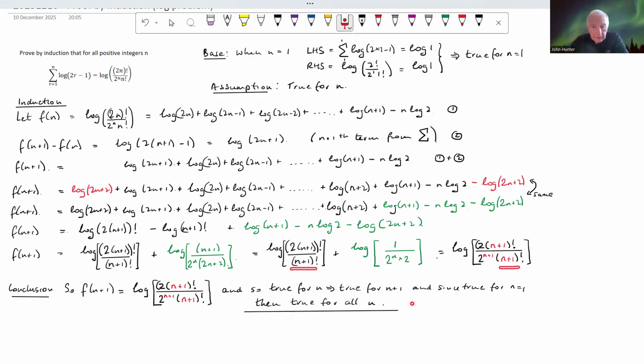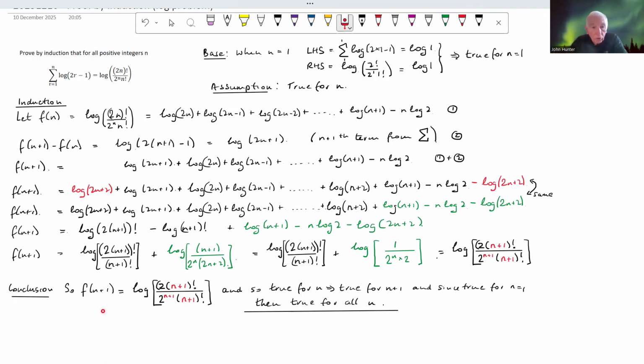Okay. Right, having written it like this, I think we can see that this is exactly the same as this, but for n plus 1. We've got n plus 1s for every occurrence of n in this statement here. So that is what f of n plus 1 is.